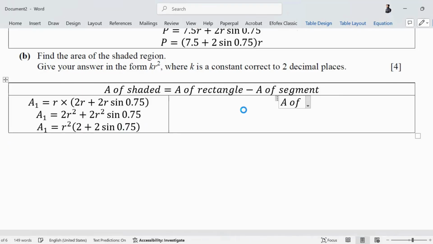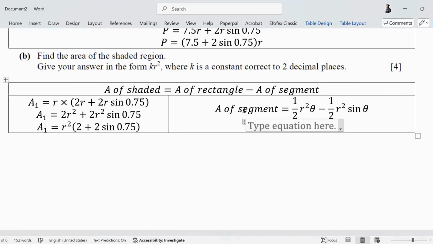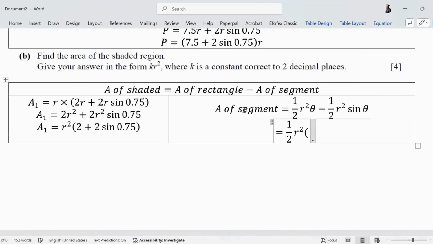Area of segment is area of sector minus the triangle, so half R squared theta minus half R squared sine theta, which is half AB sine C. Half R squared theta is 0.75, minus half R squared sine of 1.5.